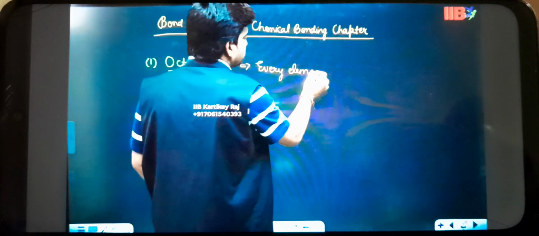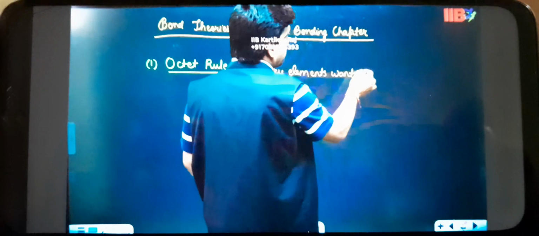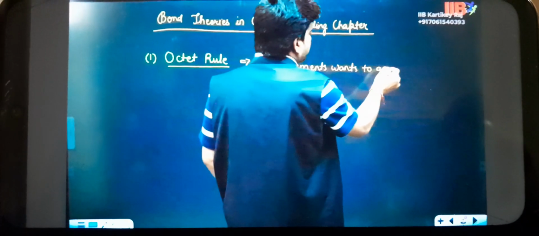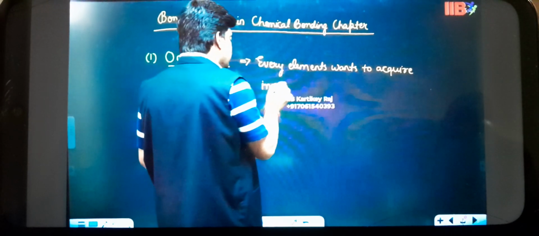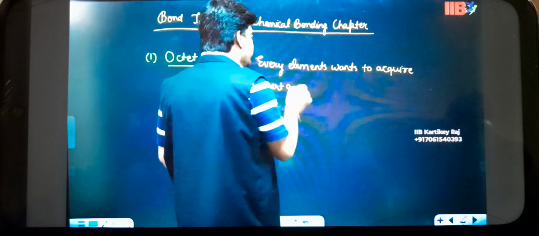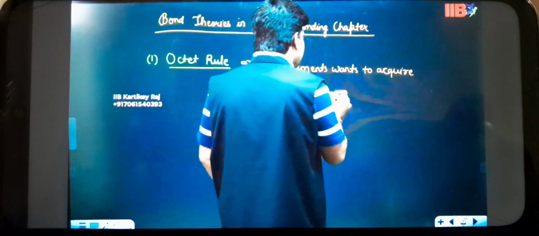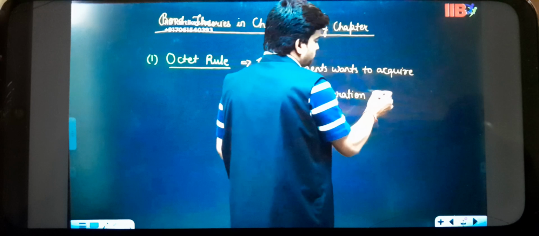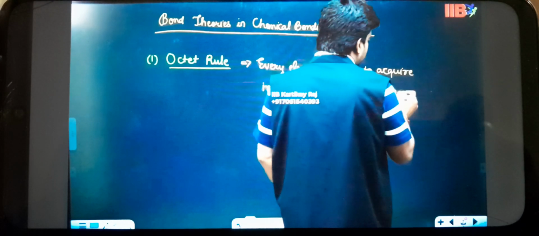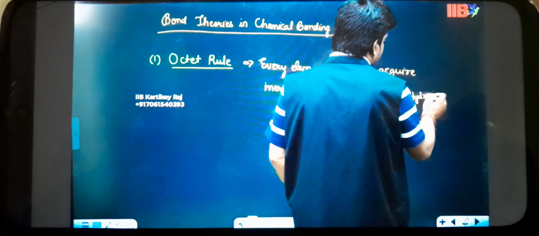Every element wants to acquire inert gas configuration, except hydrogen.